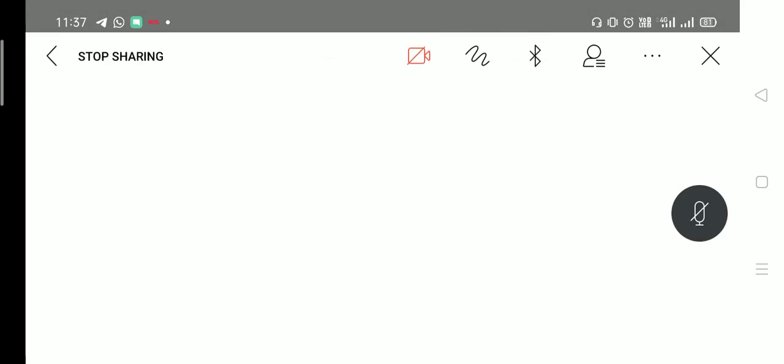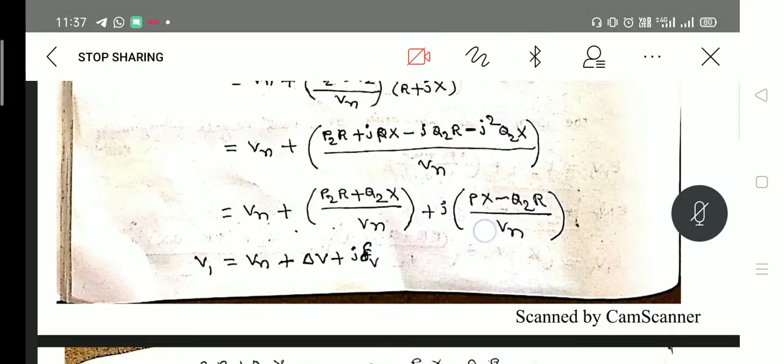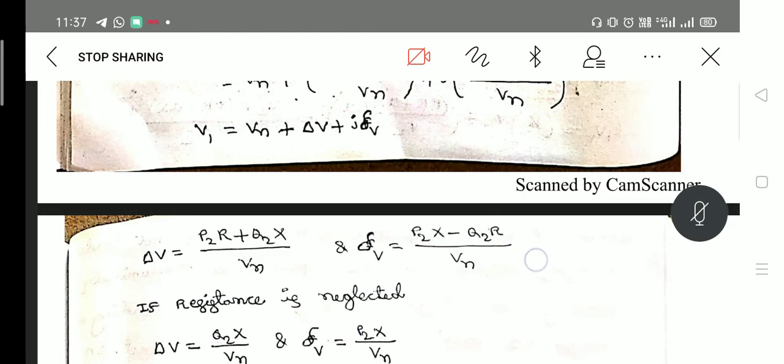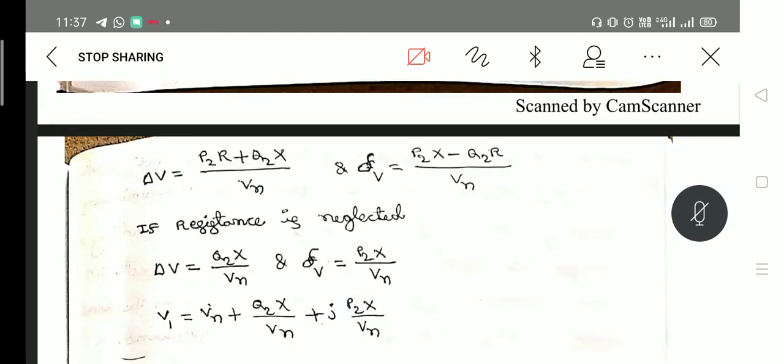V1 is equal to Vn plus delta V1 plus j delta V2. Writing separately, delta V1 is equal to (P2R plus Q2X) by Vn and delta V2 is equal to (P2X minus Q2R) by Vn.